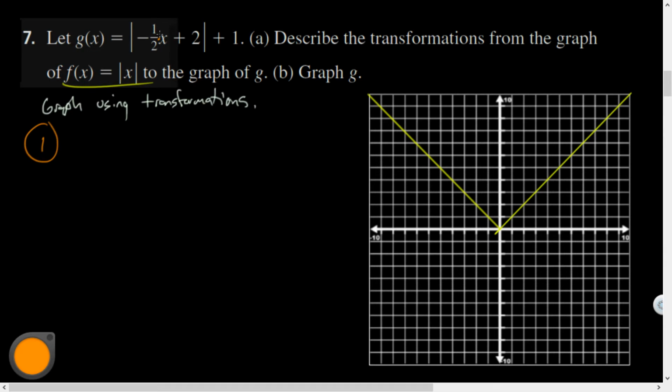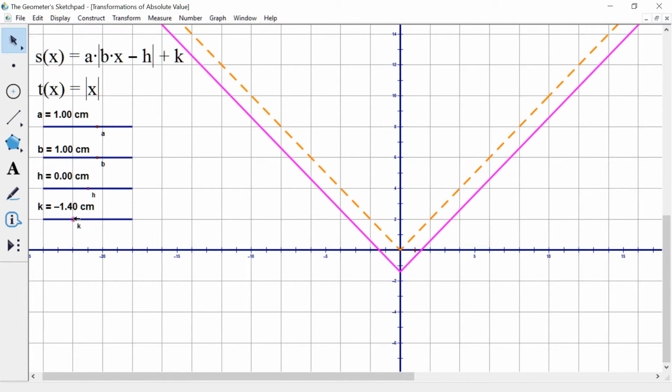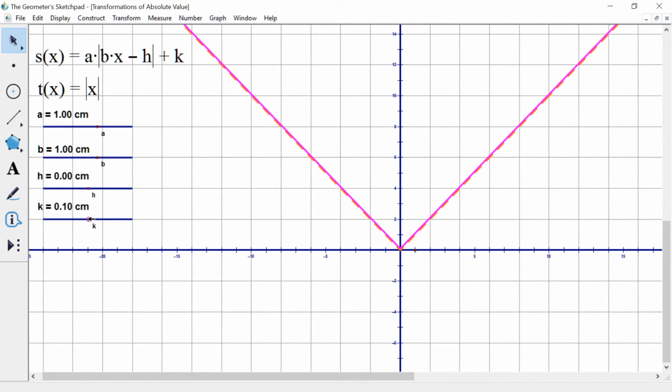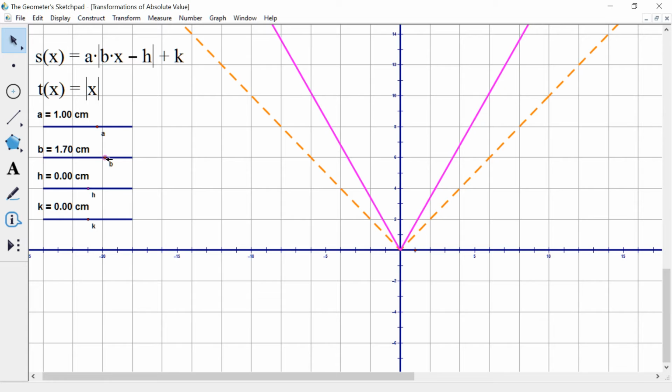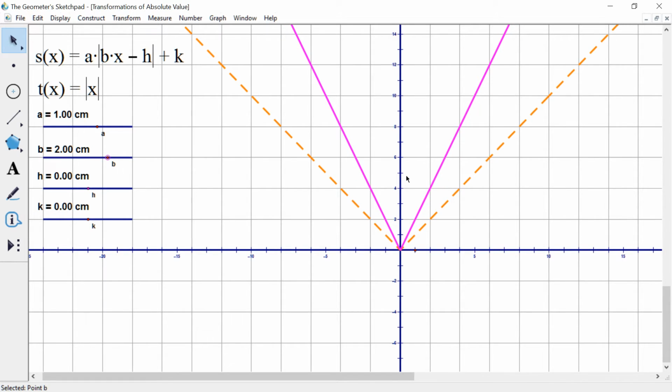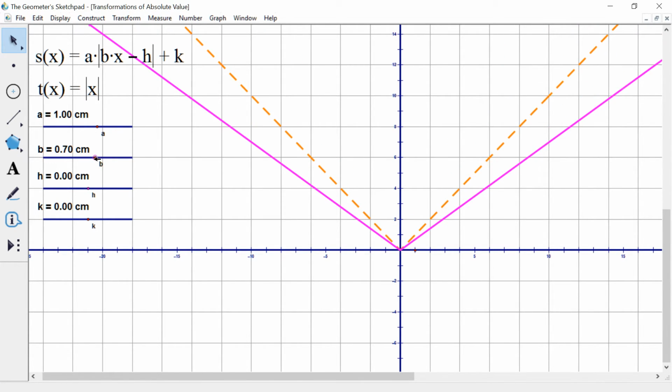When a horizontal transformation is occurring, if I'm multiplying inside the absolute value by a number, when the number is bigger than 1, it's a horizontal smoosh. Once again, the opposite of what I would have predicted. I thought multiplying by 2 would have made it wider horizontally, but no, it made it skinnier horizontally. And if I multiply by a number less than 1, it's a horizontal stretch.